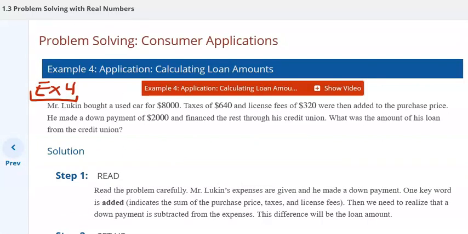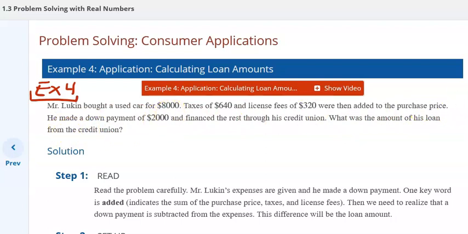Now, this example involves a series of things, but again, reading it carefully. So Mr. Lukin bought a used car for this, had to pay taxes and licensing fee, and he made a down payment of this, and he's going to finance the rest. So what was the amount his loan will be from the credit union?